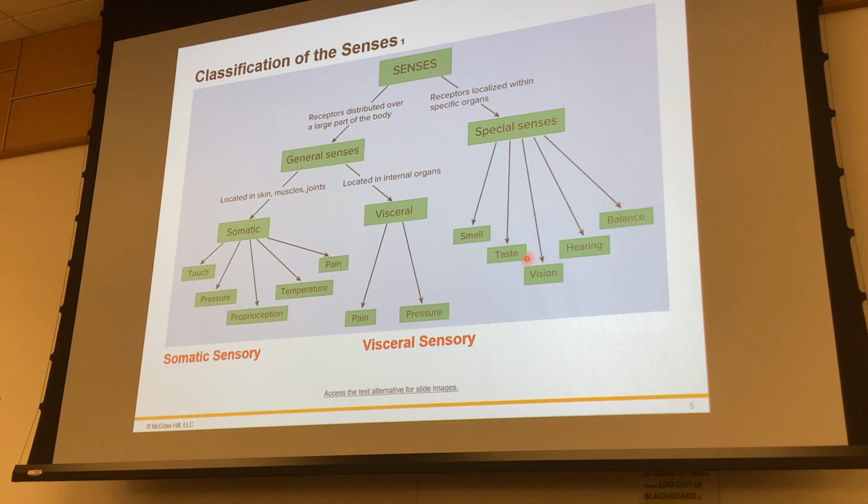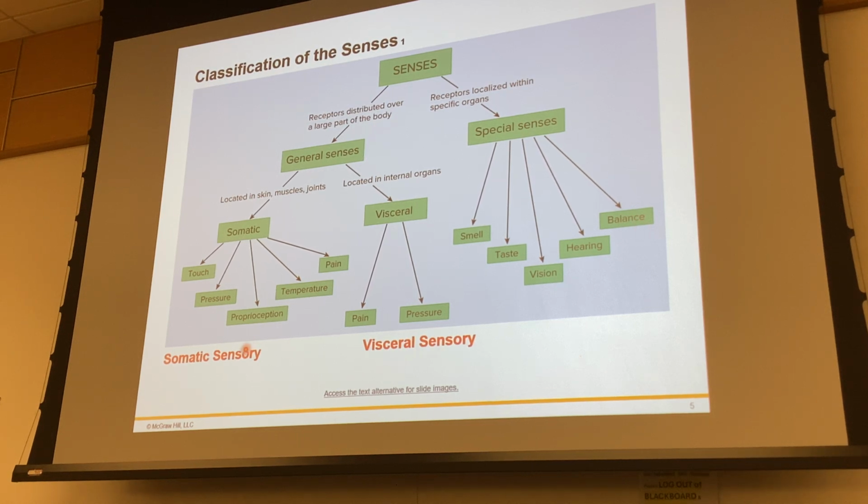On the right-hand side here, these first four are not relevant to this class. And you're going to spend an awful lot of time in AMP2 on structures of the vestibulocochlear structure, the eye, the retina, the layers of the retina, and so on. Balance we'll talk about today, or this week.